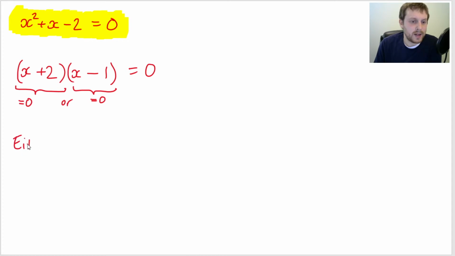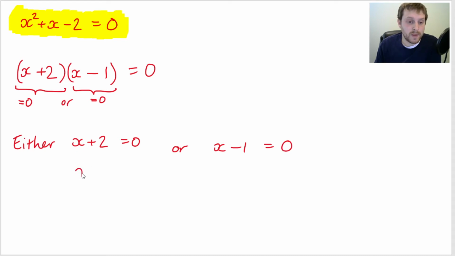So either x plus 2 is 0 or x minus 1 is 0. Well, if x plus 2 is 0, that would make x be -2. Or x would be, so something take away 1 is 0, well x would obviously have to be 1.